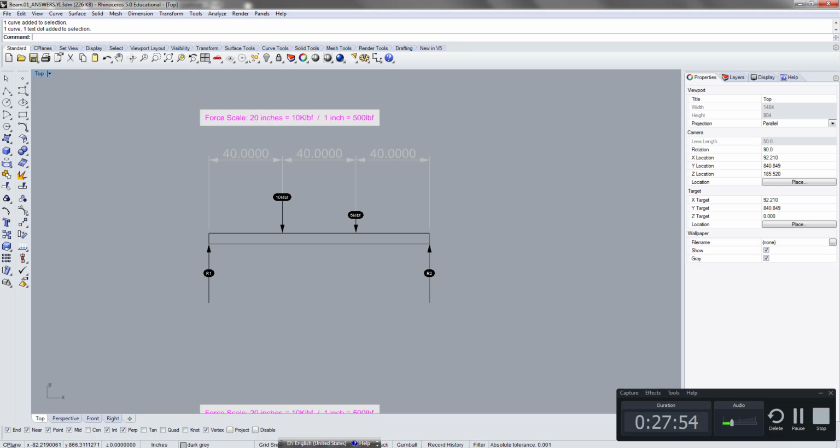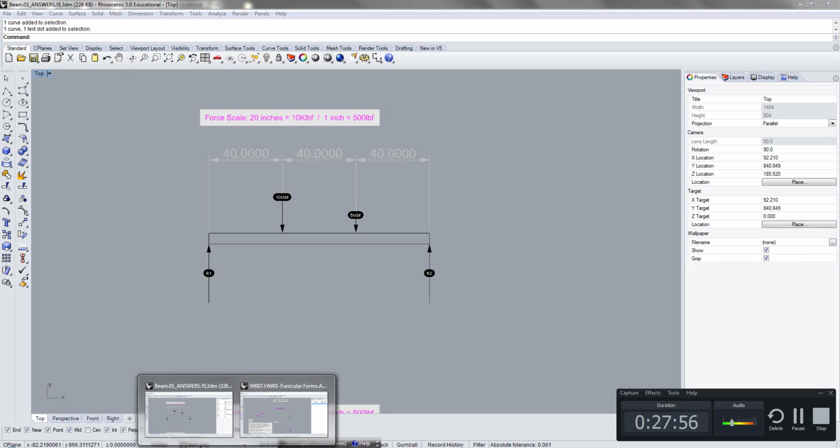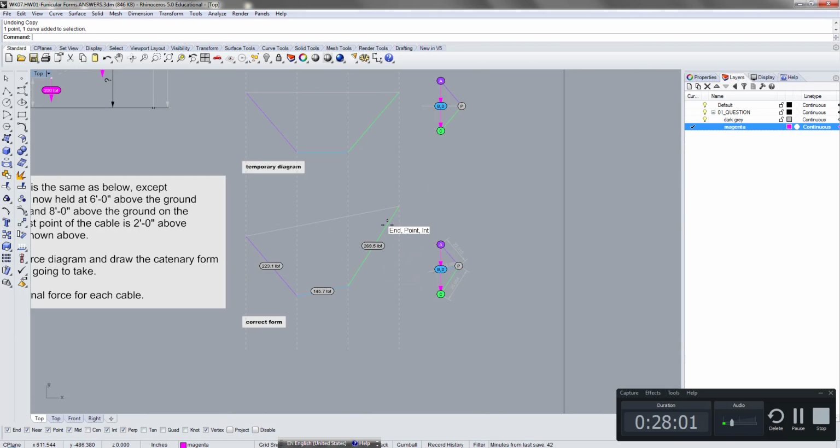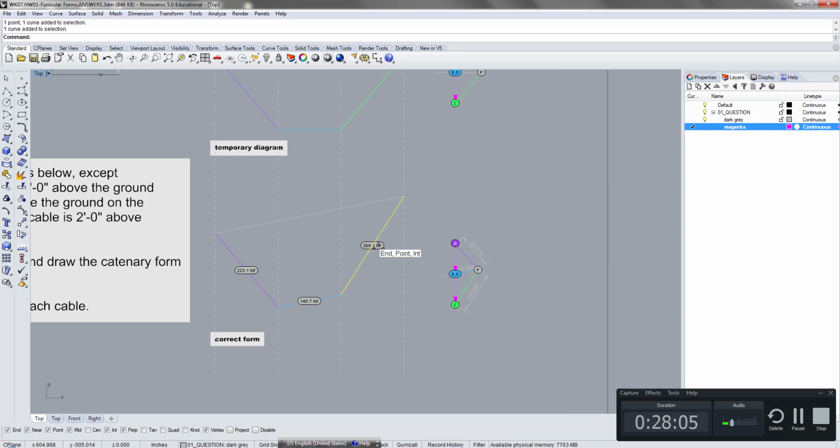For the cables, the only force in each segment of this cable is in the same direction as the line of the cable. So within this cable, we are not assuming any force that's perpendicular to it, right? There is no force like this in the cable. The force is always in the direction of this cable.